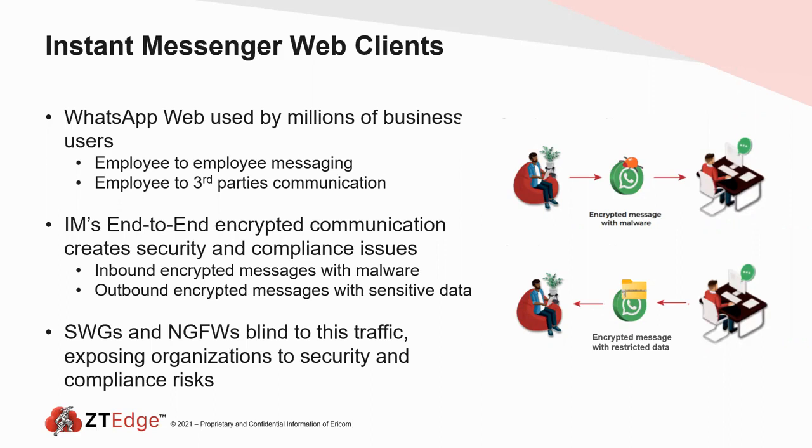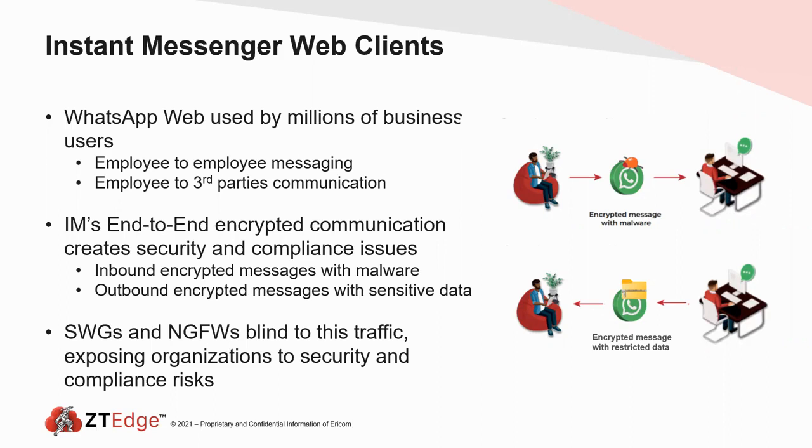So if an employee is sending personal or confidential information from the organization, there's really no way for anybody to block or see what's going on in that encrypted communication stream. Even the standard DLP solutions on the market today will not be able to see what is going on inside that encrypted stream.